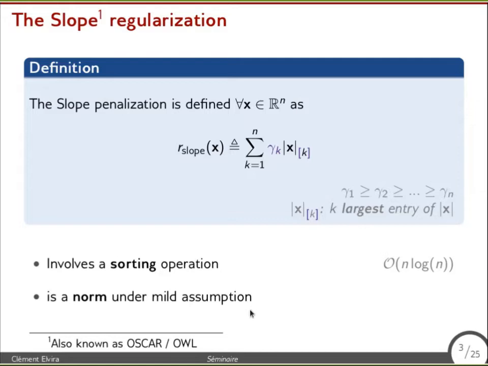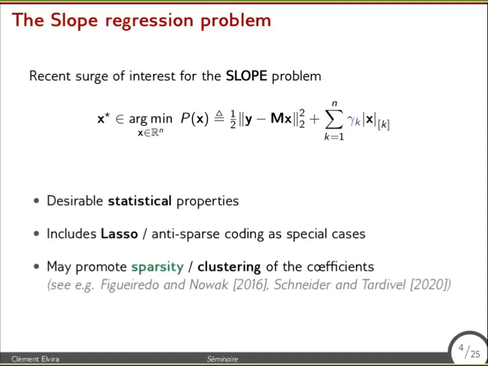As we have seen previously in the conference, it is a norm under some assumption. As in the previous talk, I will be interested in solving what I will denote the slope problem, meaning that I want to minimize the L2 norm between the reconstruction and the observation plus the slope regularizer.